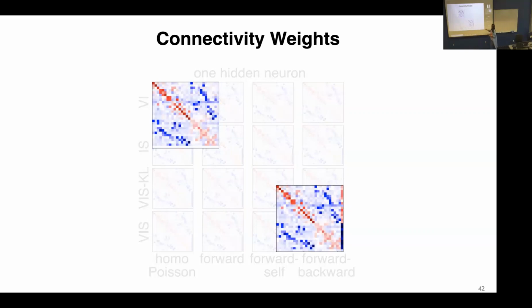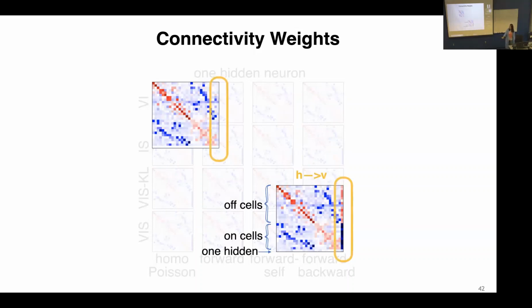The interpretation of this matrix is that it's a square matrix. These rows correspond to off cells and these rows correspond to on cells, and the last row corresponds to the one hidden unit. We have 16 off cells and 10 on cells.